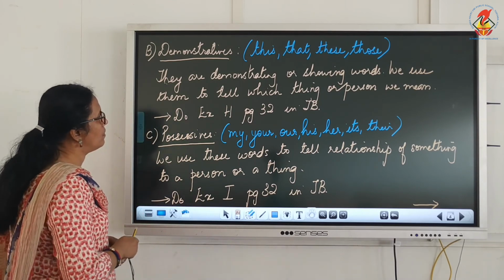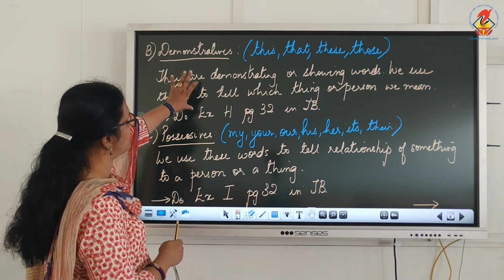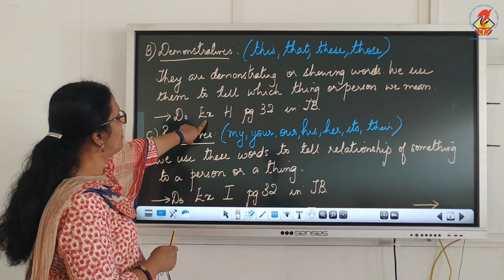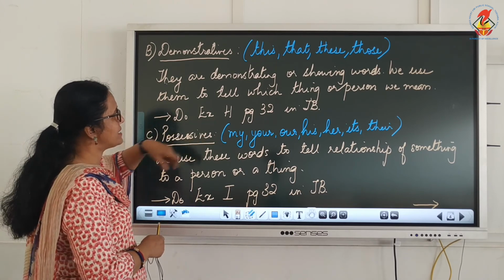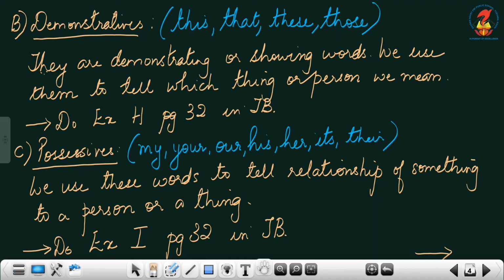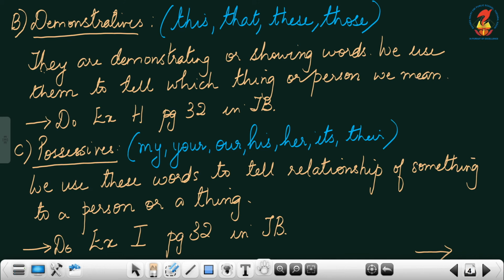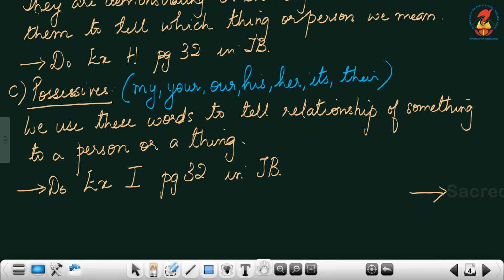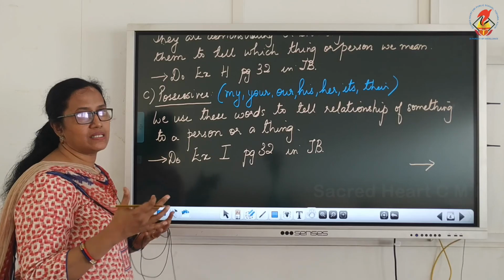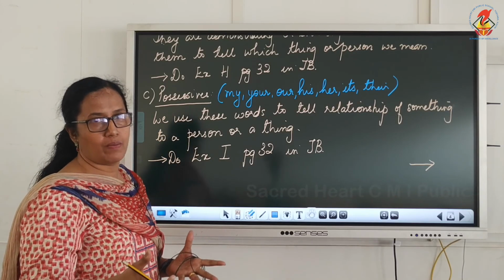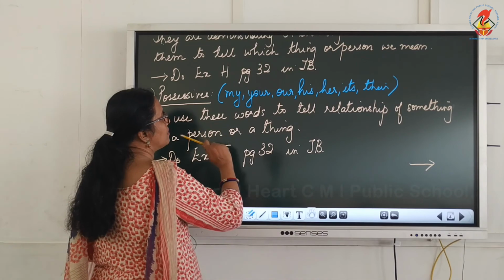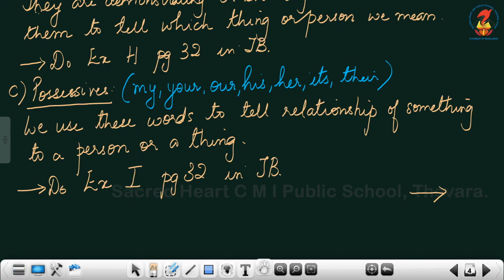So after you finish reading through this part, I want you to do exercise H, which is on page 32 in your textbook itself, because those are just fill in the blanks. Then next we are coming to possessives. As the word suggests, they belong to someone. So here, which are the words that come under possessive determiners?